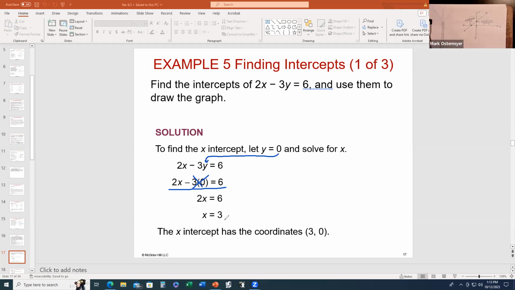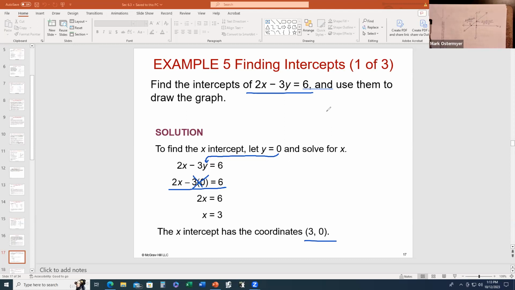We get x equals 3. Hence, our x-intercept for this linear equation is the ordered pair 3, 0. Any questions how we just found the x-intercept for this linear equation by setting y equal to 0? That's the x-intercept for that linear equation.